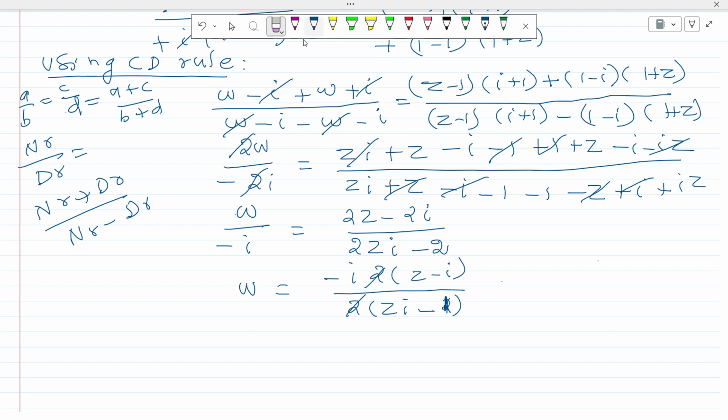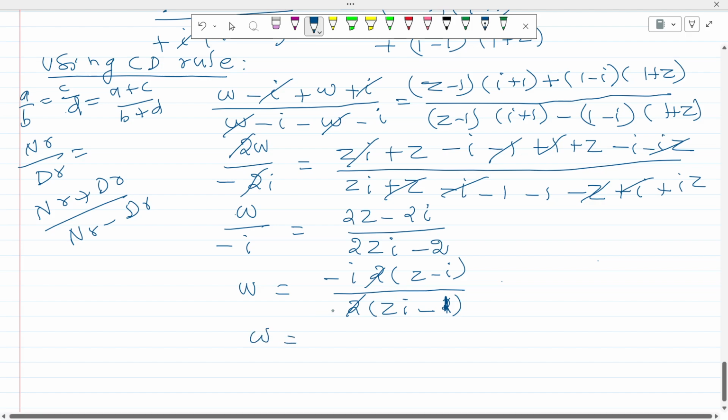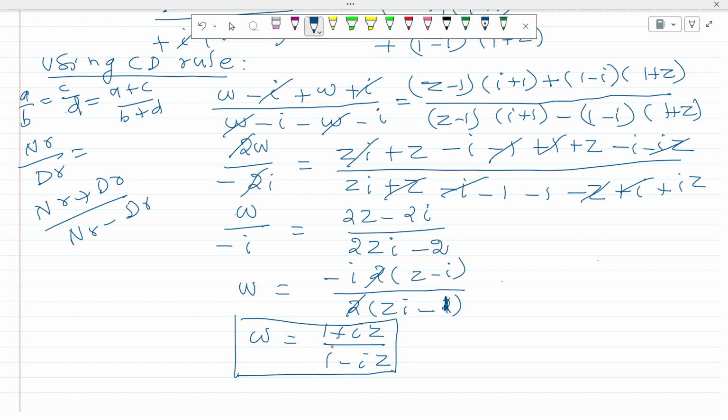But the book answer is W equal to, verify this, (1 plus I) Z divided by (1 minus I) Z. Need to verify. 1 minus I Z we will get. Okay. 1 plus I Z only we are getting.